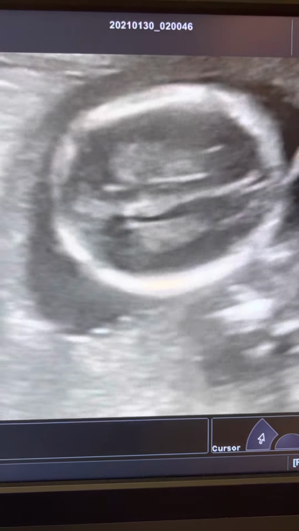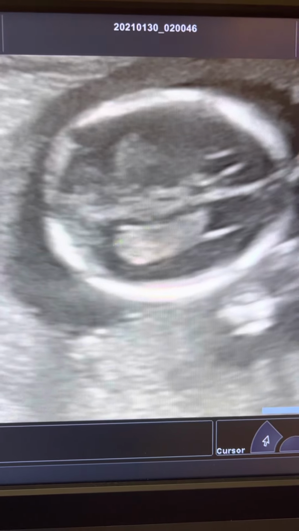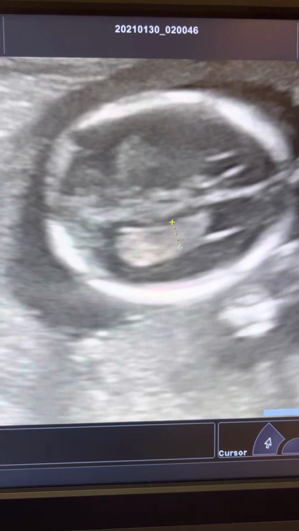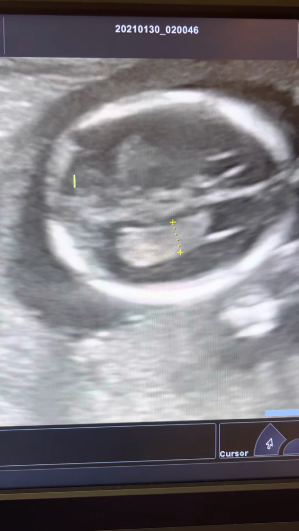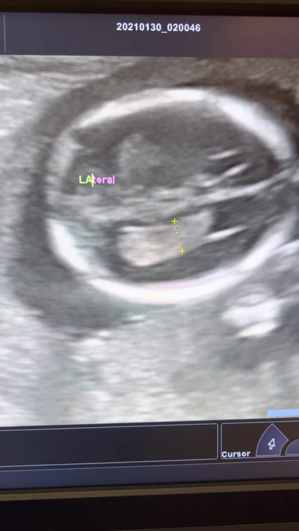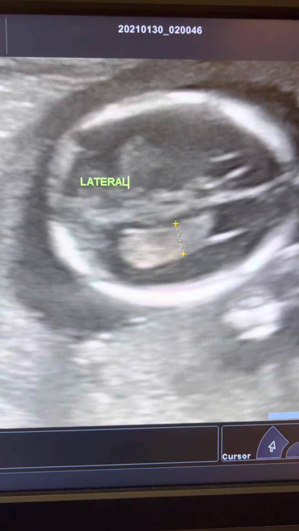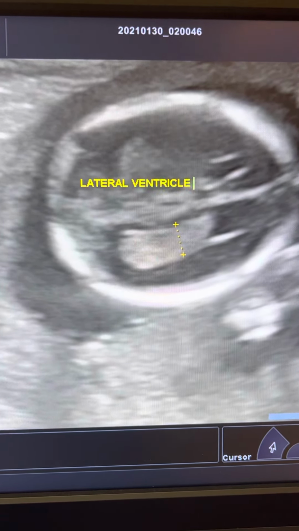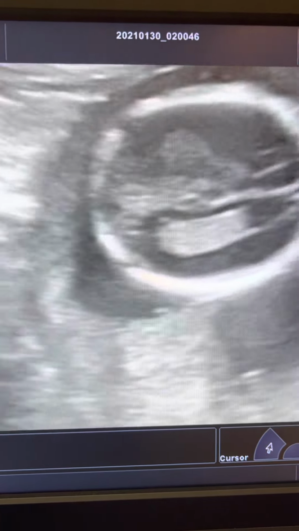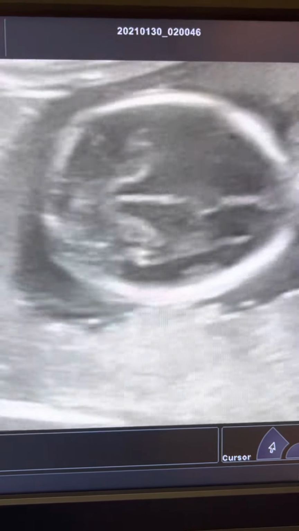More magnification. Here is the lateral ventricle. It's about 6 millimeter, which is normal. You know, less than 10 millimeter is normal.